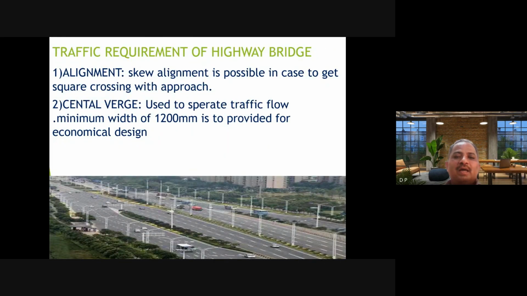The traffic requirement of a highway bridge. Alignment: skew alignment is possible in case we need to get a square crossing with the approach. A central verge is used to separate traffic flow. A minimum width of 1200 millimeter is to be provided for economic design. So there are different standards, we'll see in detail.